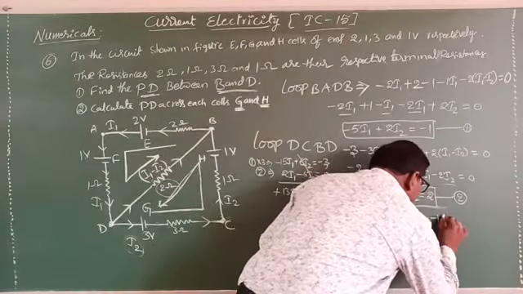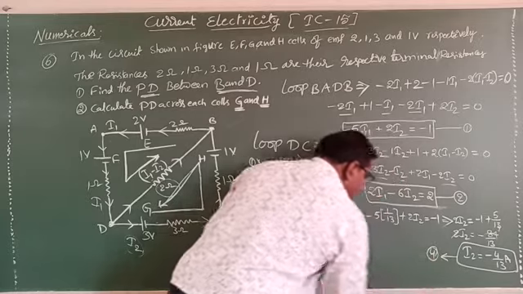Now I1 you get and I2 you also get. Now measure I1 minus I2. Why? Because if you measure this current, you can measure the potential here easily. Now I will do it from equation 3 and equation 4.